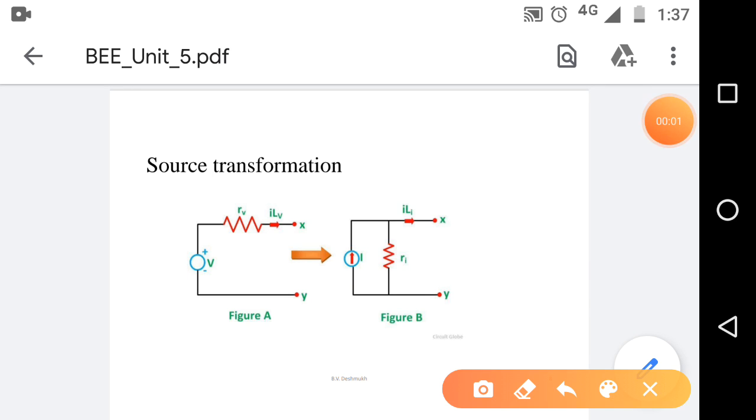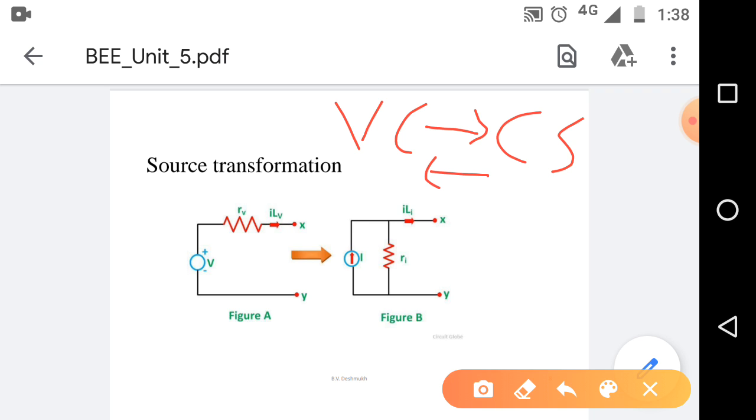Source transformation. We know that sources are basically of two types. One is voltage source, the second is current source. Any voltage source can be converted into a current source and any current source can be converted into a voltage source. This is called source transformation.